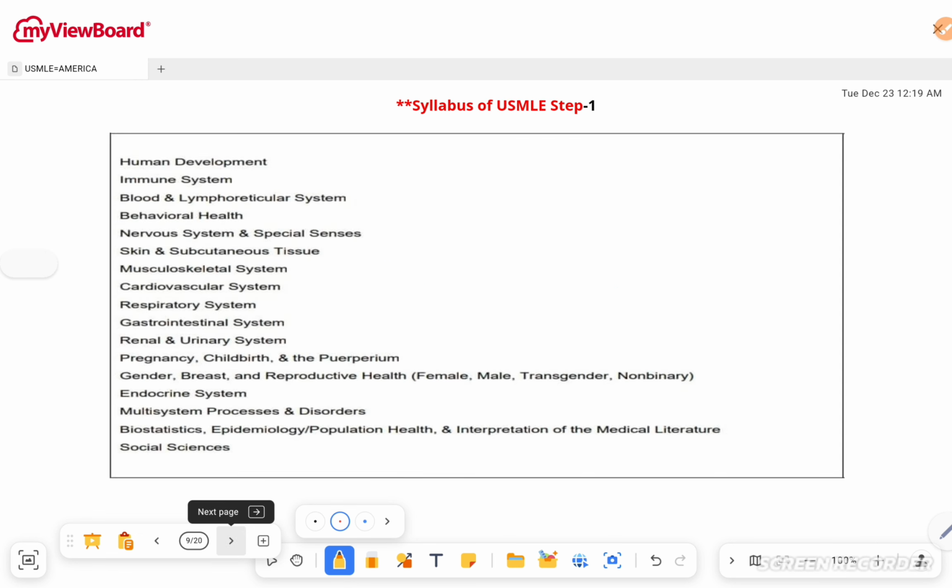See, the syllabus of USMLE Step 1 is firstly human development, then immune system, blood and lymphoreticular system, behavioral health, nervous system and special senses, skin and subcutaneous tissue, musculoskeletal system, cardiovascular system, respiratory system, gastrointestinal system, renal and urinary system, pregnancy, childbirth and the puerperium, gender, breast and reproductive health (female, male, transgender, non-binary), endocrine system, multisystem processes and disorders, biostatistics along with epidemiology, population health, and interpretation of the medical literature.